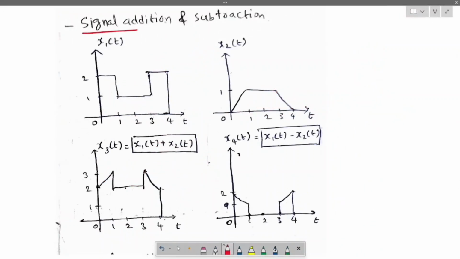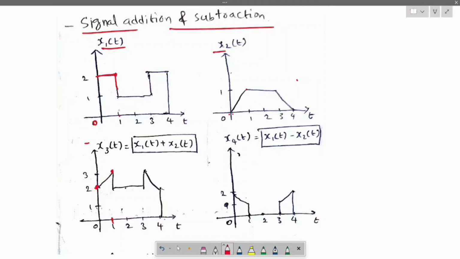Now let us go for signal addition and signal subtraction operations. Let us take the first signal as x1 of t, with a graph like this. The x2 graph is like this. Now suppose x3 is the addition of x1 and x2. At 0 it is 2 and 0, so the graph is plotted at 2 plus 0, which is 2. At t equals 1, it is 2 plus 1, which is 3.